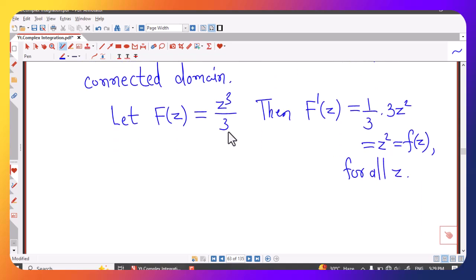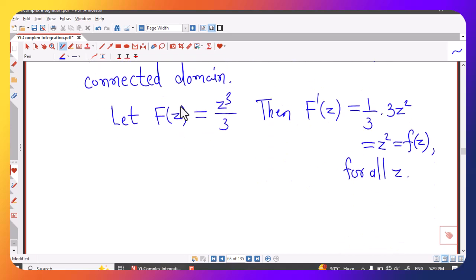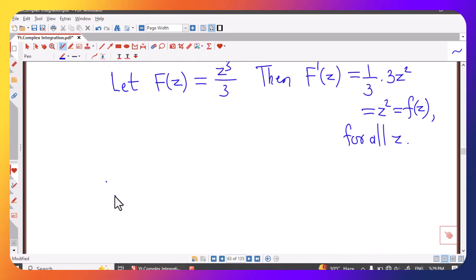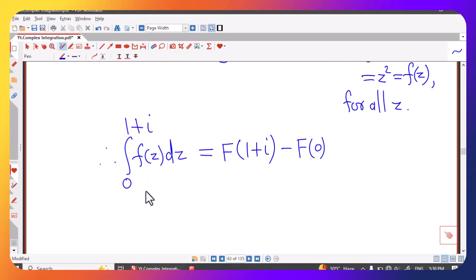So this capital F of z is an antiderivative of f of z equal to z square. Therefore, the integral of f of z from z equal to 0 to 1 plus i equals the value of capital F of z at 1 plus i minus the value of capital F of z at 0, and capital F of z is z cube by 3.